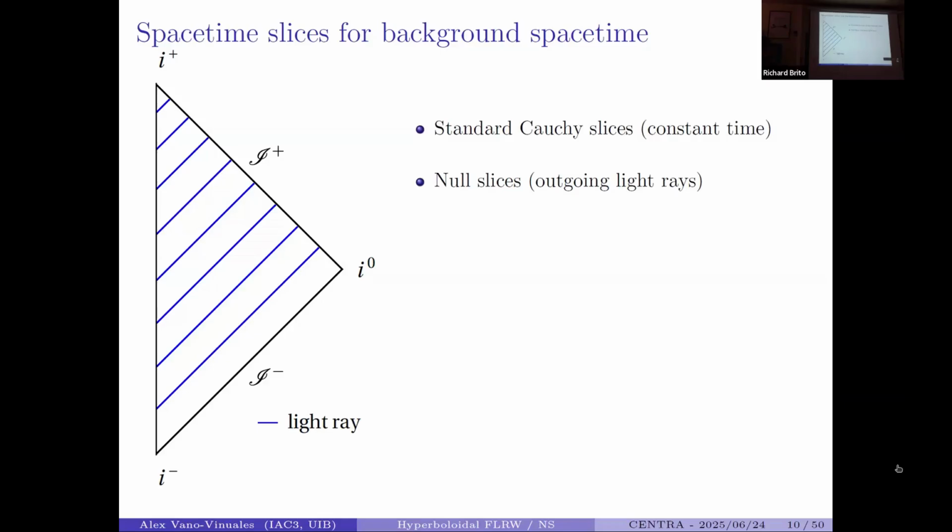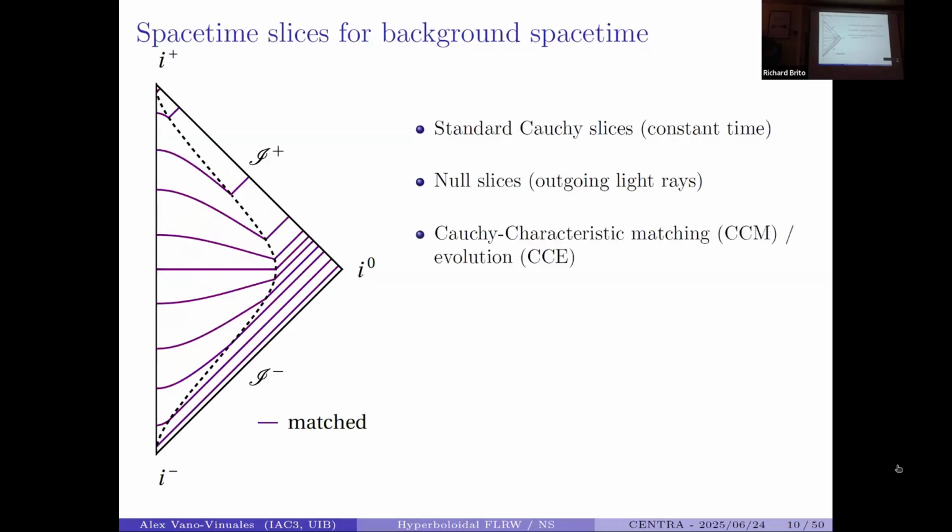So something that people may try to do, this is more for general relativity, is something called Cauchy characteristic matching or evolution, which basically uses Cauchy slices in the interior up to some radius and then joins them to characteristic ones on the outside.